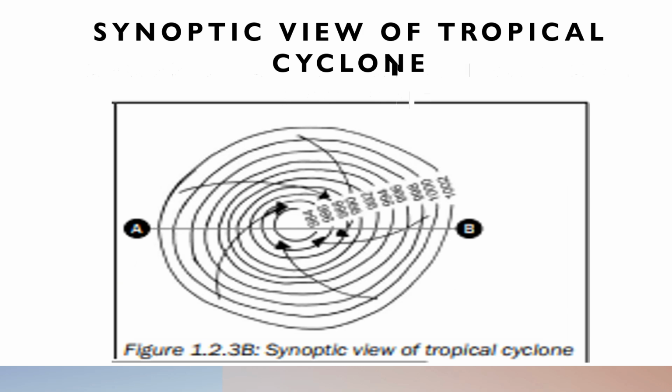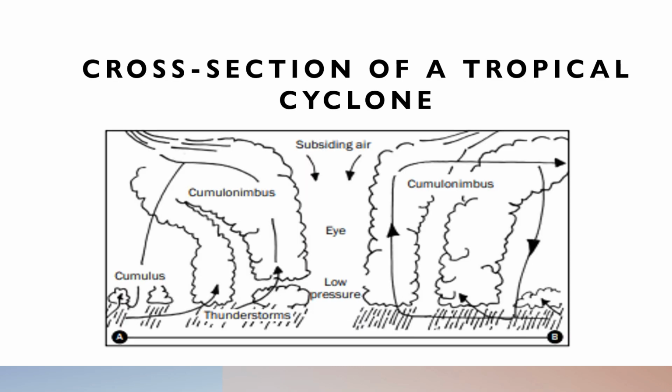Okay, now we will look at the cross section of a tropical cyclone. In a tropical cyclone, we will find the cumulonimbus clouds, the cumulus clouds, and the eye. The pressure is low at the center, as I've just said.